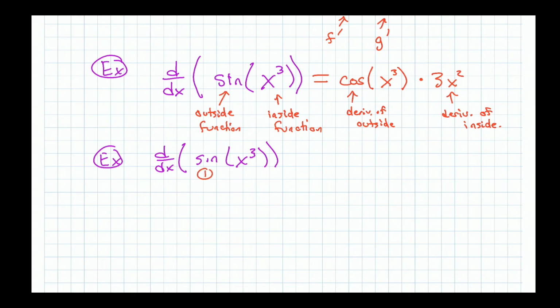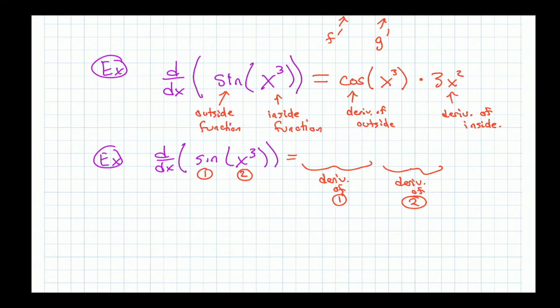So this is the outside function, and this is the inside function. The result is going to be the derivative of 1, and then you're just going to multiply by the derivative of 2. That's it. You're just going to do them in order.